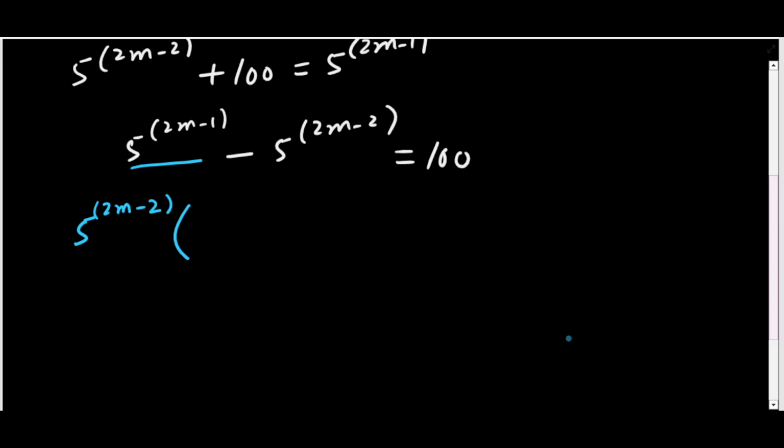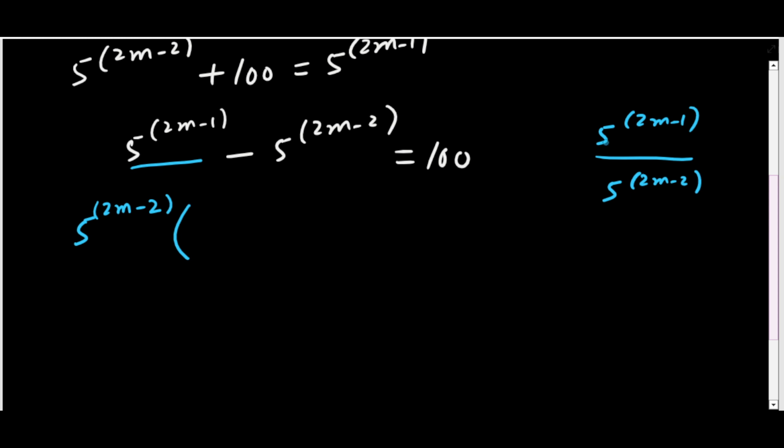When we take common, remember one thing: we divide the term by the common, and the remainder we get, we keep here. For example, we have 5 power 2m minus 1, and we are taking common 5 power 2m minus 2, then divide this by the common. So this is the way when we take the common from any number, right?